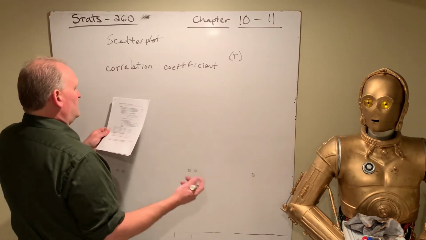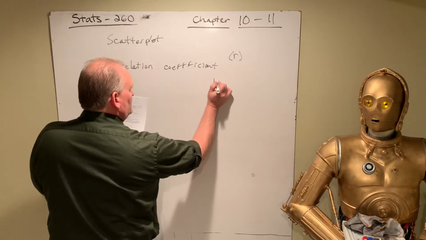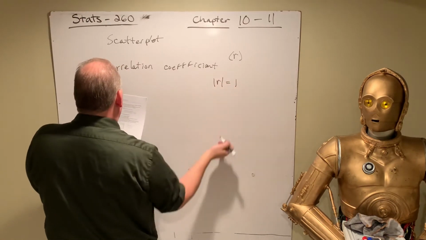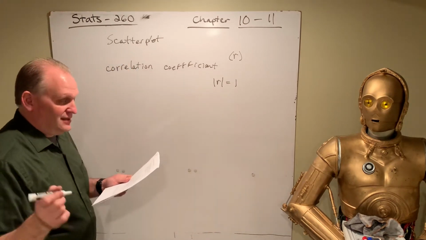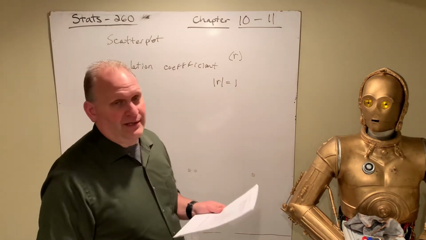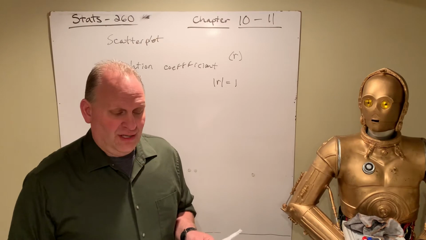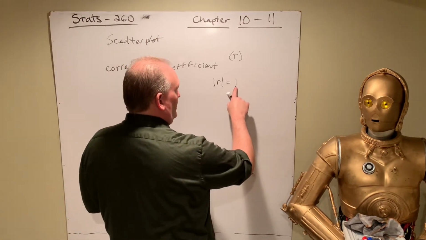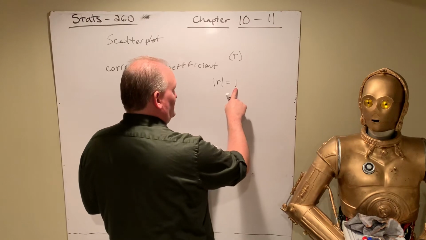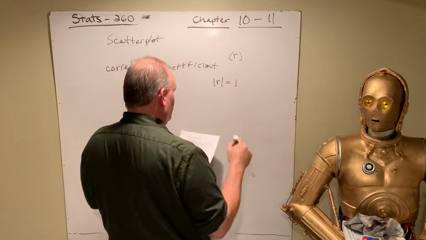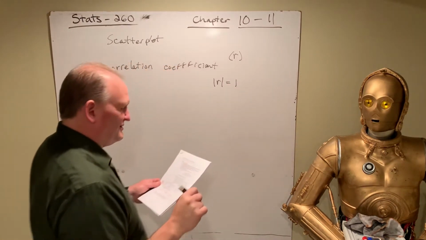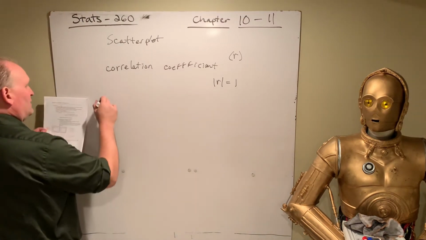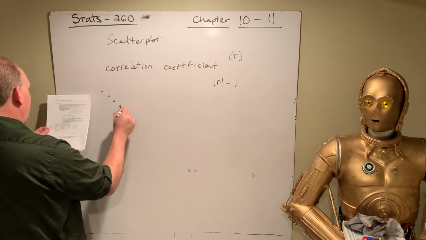If the absolute value of R is close to 1, the better it is. The closer it is to 0, the worse it is. So that means 1 or -1. The closer to 1 or -1, the better the correlation. If it's really close to 0, it's bad. It's not a good prediction model.